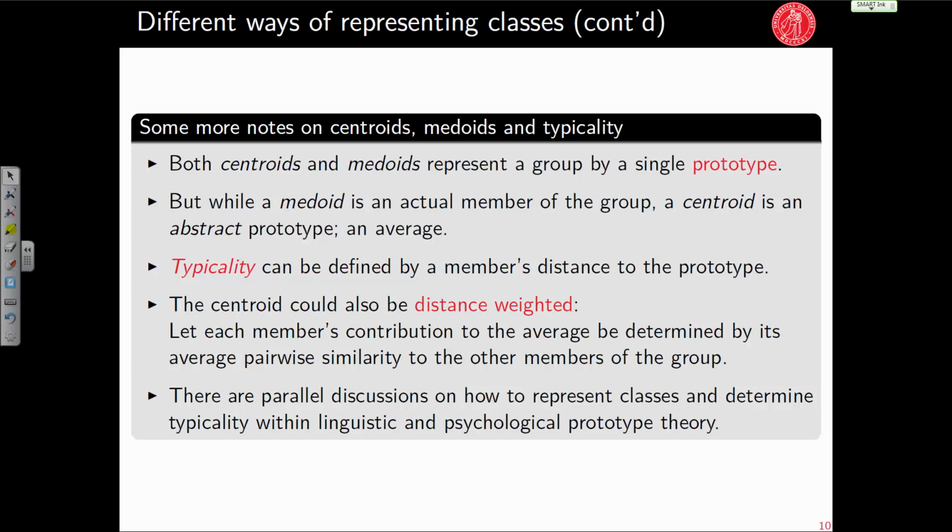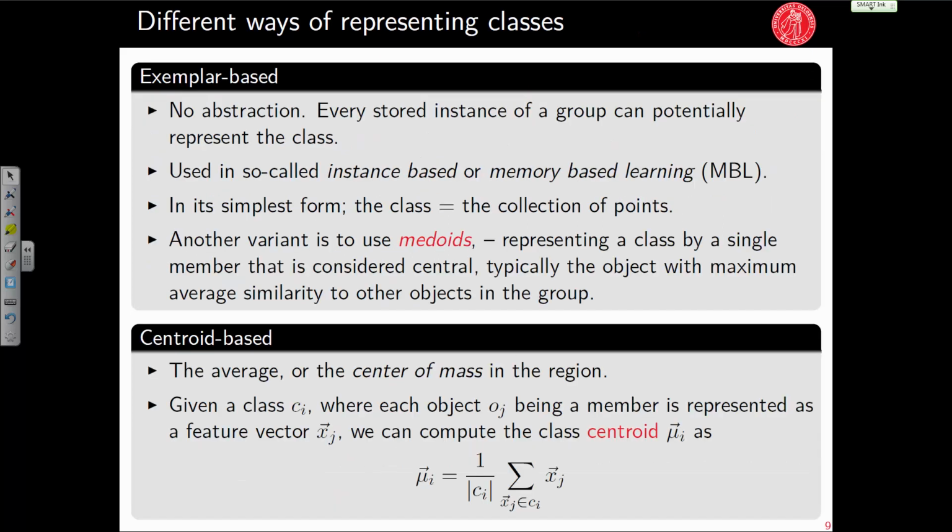And if we take this typicality notion to be correct, meaning that there is actually a typical member of the class, we can then augment the centroid computation with distance weighting, meaning that each member's contribution to the average will be determined by its pairwise similarity to other members of the group. In this equation, all members are summed together and then divided by the total number of feature vectors.